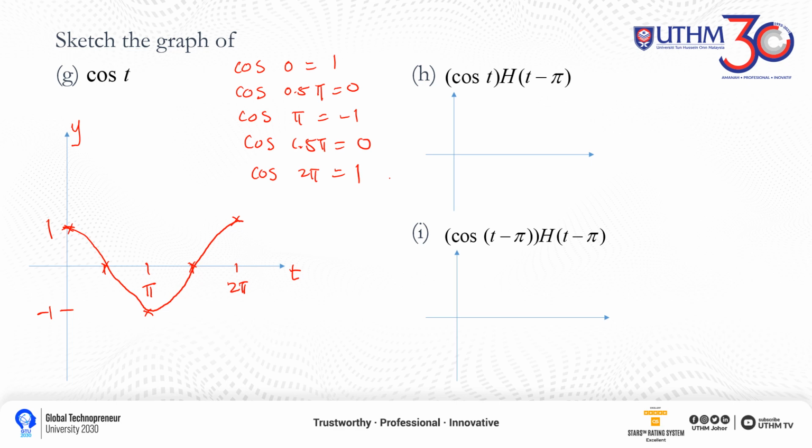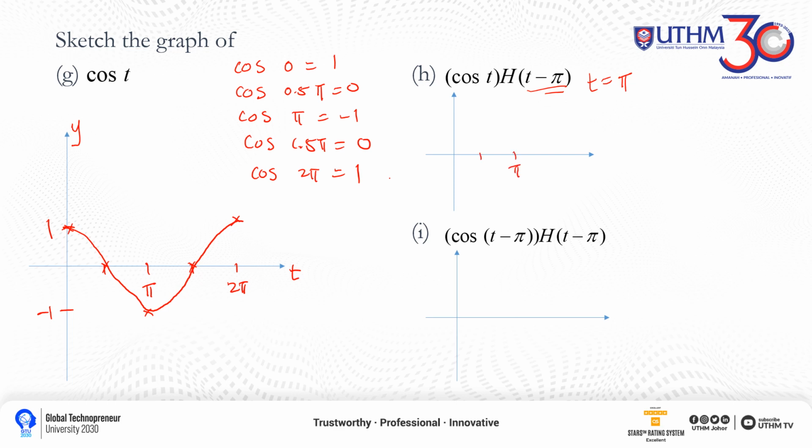Question H requests to plot cos t multiplied by u(t minus pi). So this means that when t minus pi is 0, t is equal to pi. This means that it's starting from pi to infinity. Okay, and we follow the same cos t as obtained from the answer in G, just that the graph starts from pi to infinity only.